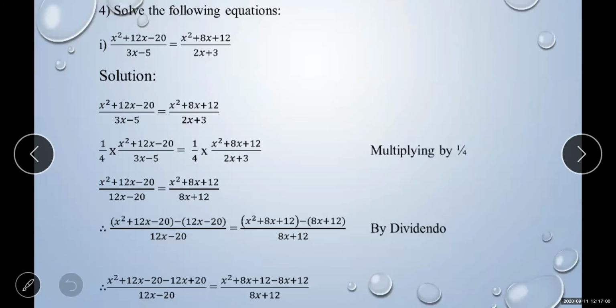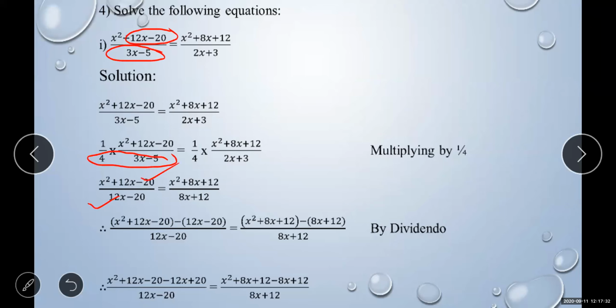Just look here at the denominator, 3x minus 5, and the numerator, 12x minus 20. Now, if you multiply 3 by 4, you will get 12x, and if you multiply 5 by 4, you will get 20. Now, the denominator times 4 will be the same as the numerator.